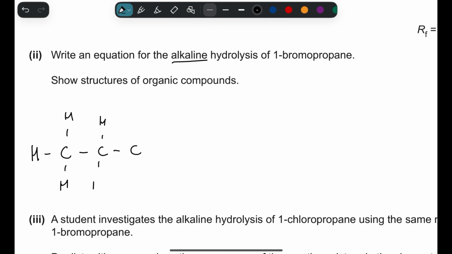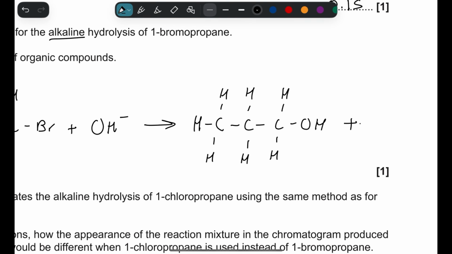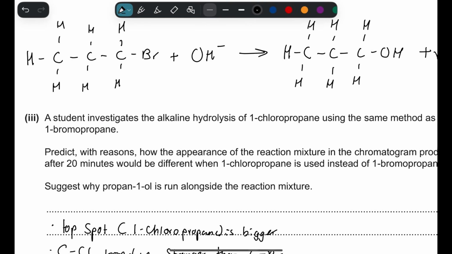So you can see here, and then we've got the Br here. That's 1-bromopropane adding the OH minus, and then we're going to form propan-1-ol. So this OH, adding the hydrogens as well. And then you want to remember, we replaced the bromine, so we're going to have Br minus. You need to remember that.